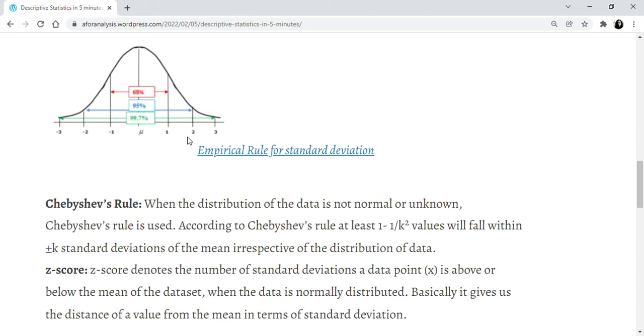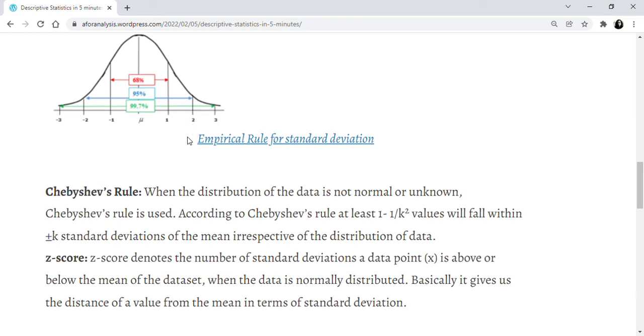But here we are making it 1 minus 1 by k square of values will lie within plus minus k standard deviations of the mean, and we are not restricting it to the normal distribution anymore.